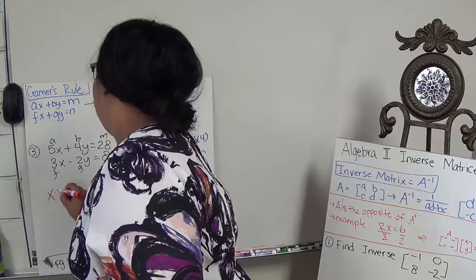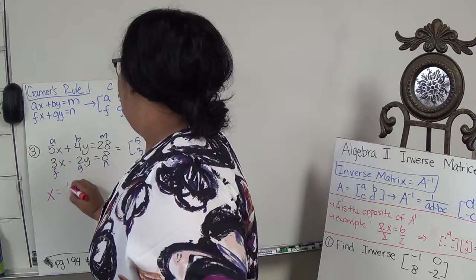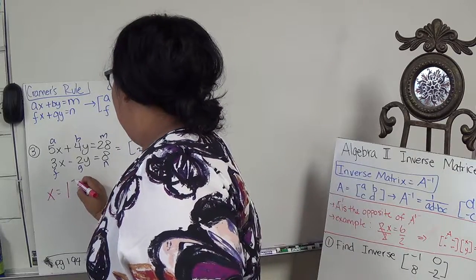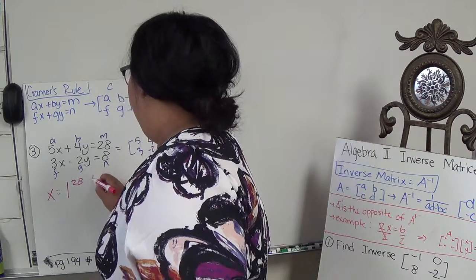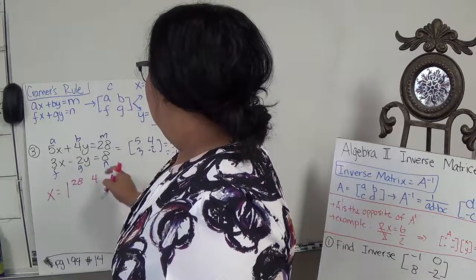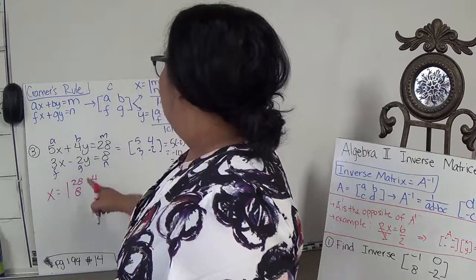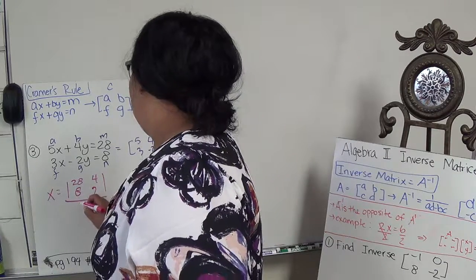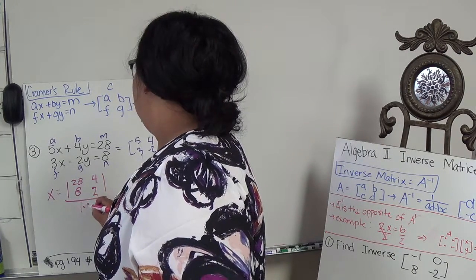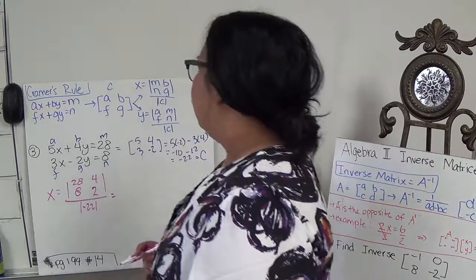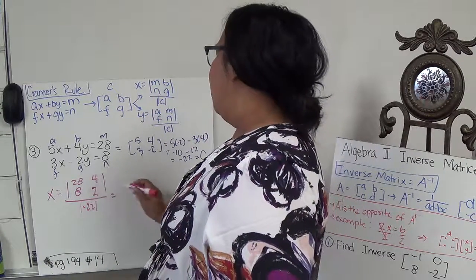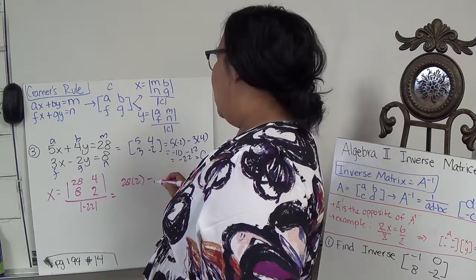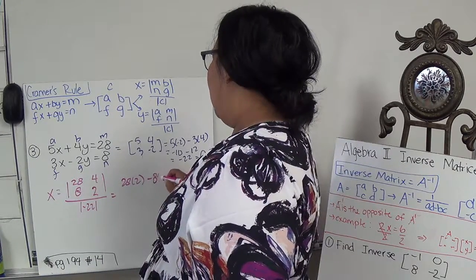X, let's find X first. So that means I'm going to find this matrix. So 28, 4, and then 8 and 2, all over the absolute value of C. So the absolute value of -22. So I'm going to find the determinant of that, which is 28 times 2 minus 8 times 4, right?